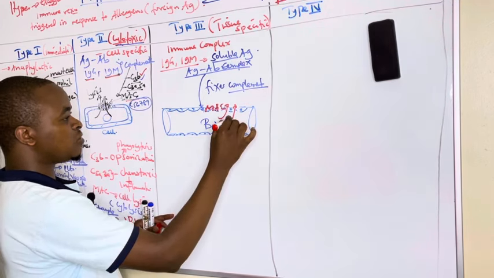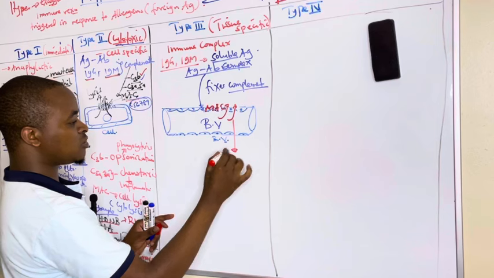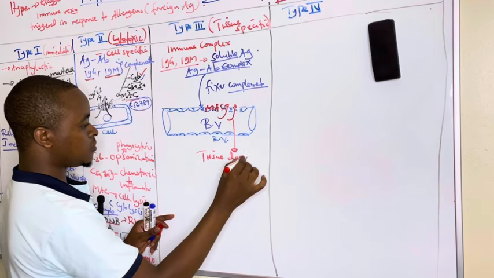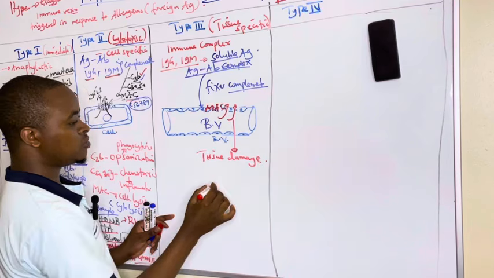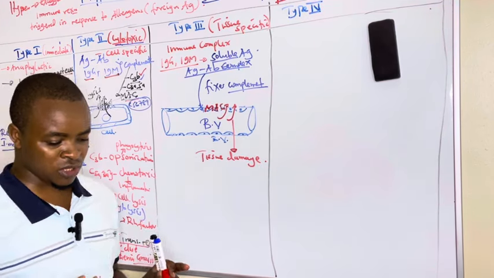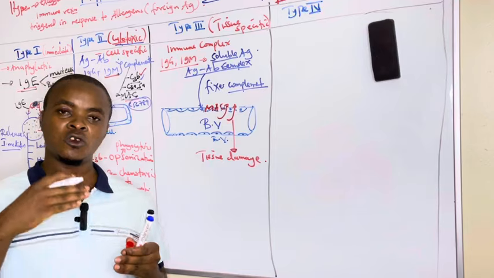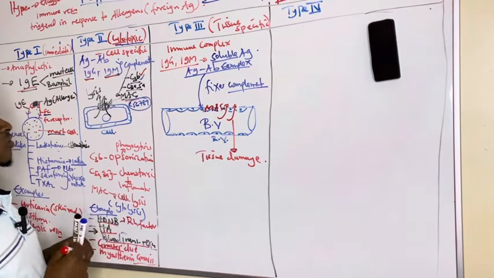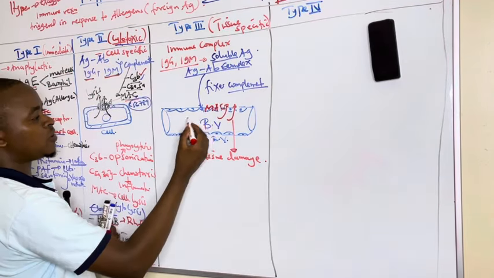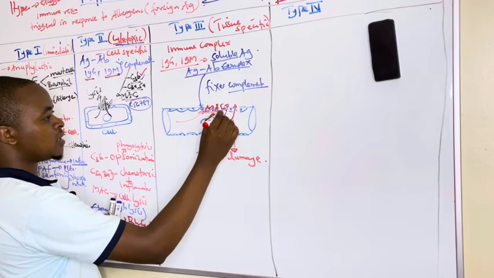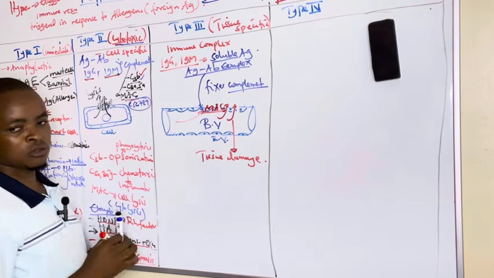So the end result of this reaction is tissue damage by the complement system, whereby the soluble immune complexes, either localized at the site or moving in circulation, end up being deposited in the endothelial cells, which causes pores, leading to tissue damage.